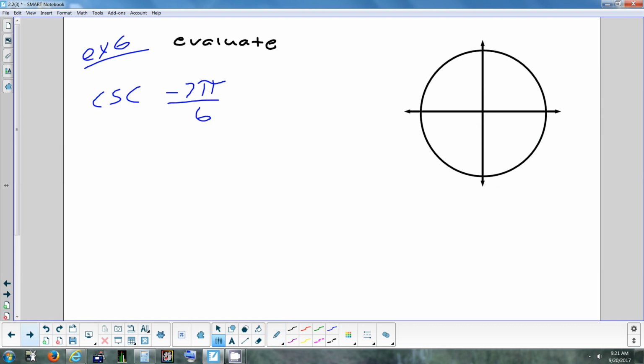Okay. Does anybody want to see how to do this one? If we do, we can do it. If not, we're going to move on to something else. But does anybody want to see this one? Okay. If you were going to do it, what would be your first step? Yep. Change to degrees. Then what would you have to do based on just looking at what kind of number it is?